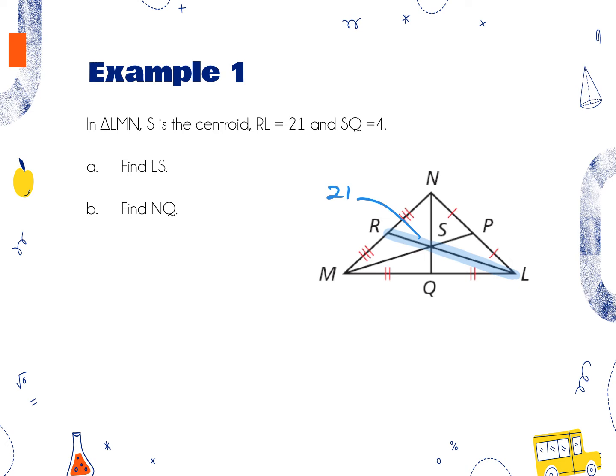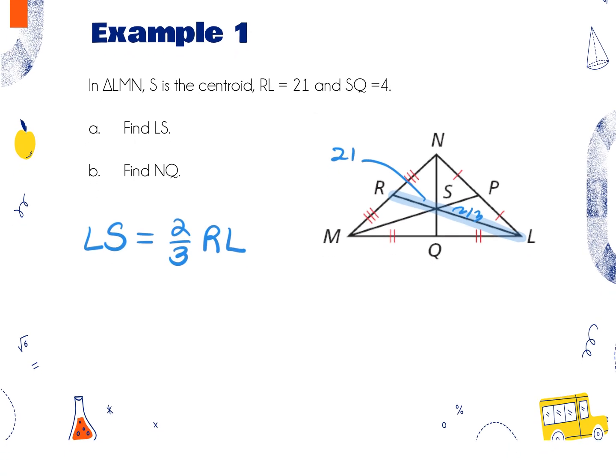So remember, the length that comes out of the vertex to the centroid is the 2/3 portion. So in order to find LS, I know that the length of LS is going to be 2/3 the length of the whole thing, which was RL. I'm going to replace RL with what it equals, which is 21.